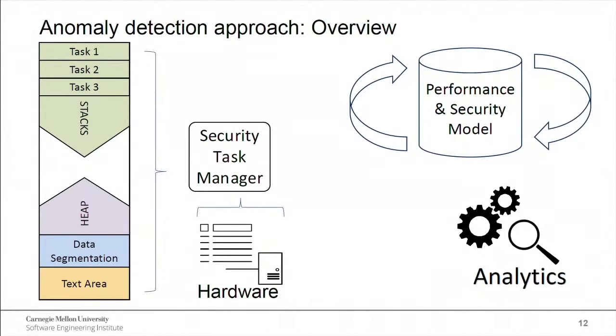I'm going to talk about a performance and security model, essentially an oracle or a definition of what right looks like for those flight software tasks. And finally, I'll touch on analytics, which make the comparison between what is real today and what right should look like, and determine if there is some sort of anomalous behavior.